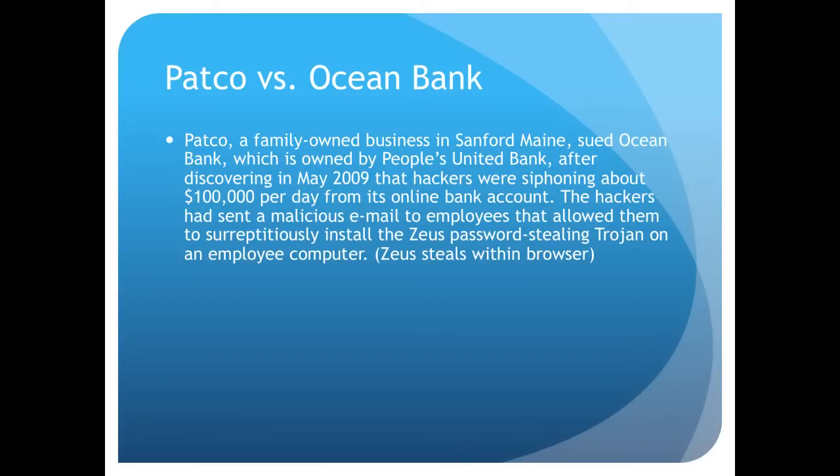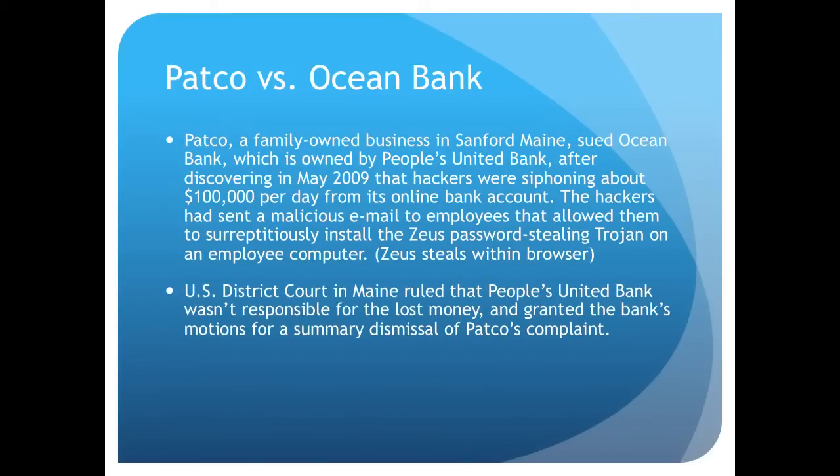And what the Zeus does is it steals stuff within the browser. So the Zeus software made it on to a browser that was doing the banking. They grabbed the accounts and password, and then they sat and waited until there was a lot in the bank. And then they started stealing. This went on for almost a week.